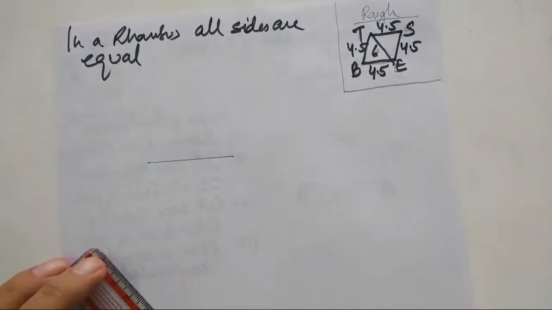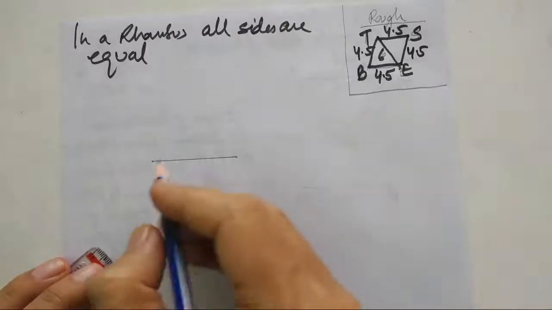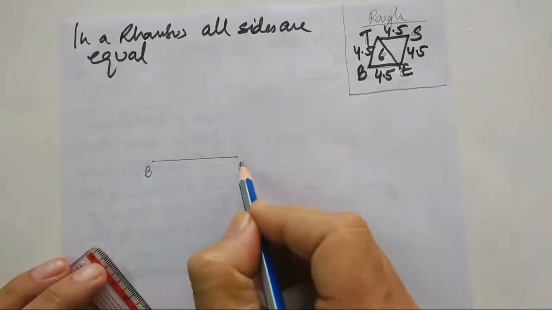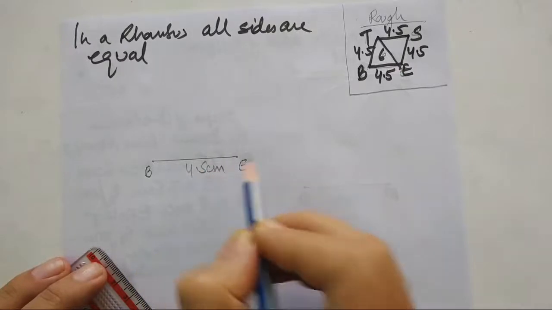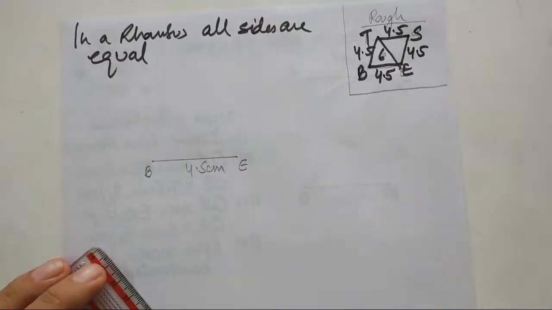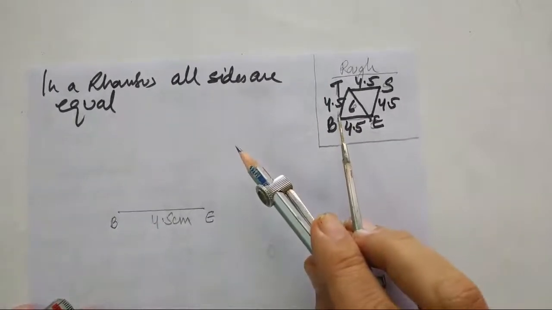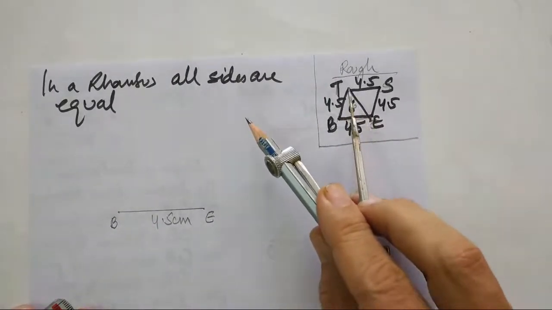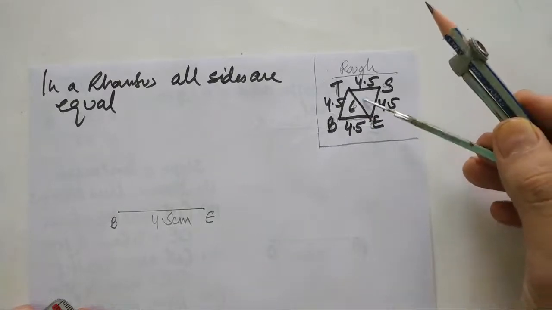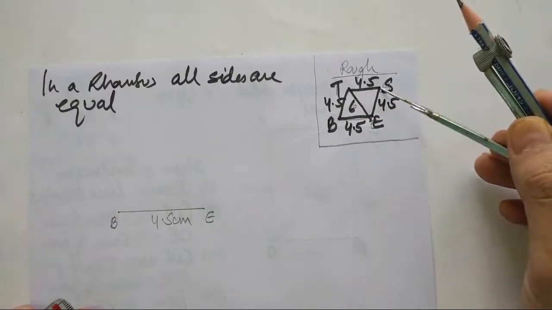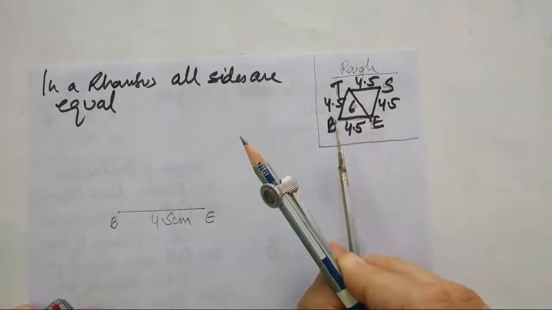Now I will call them B and E, the 2 points, and 4.5 is the length of this side. Now use compass to measure and construct 4.5 and 6. You can't make this part yet because in this part the other lengths are not connecting. So I have to first make triangle BET.